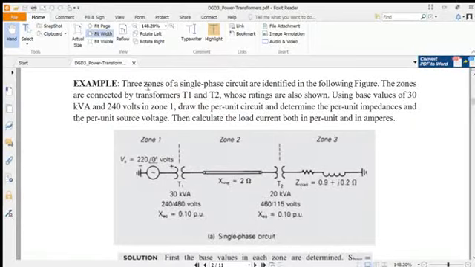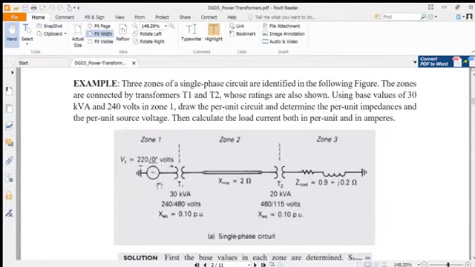The figure shows three zones: zone 1, 2 and 3. There are two transformers, transformer 1 and transformer 2, and the ratings are given here. The problem says we have to use the base values of 30 kVA and 240 volts in zone 1.